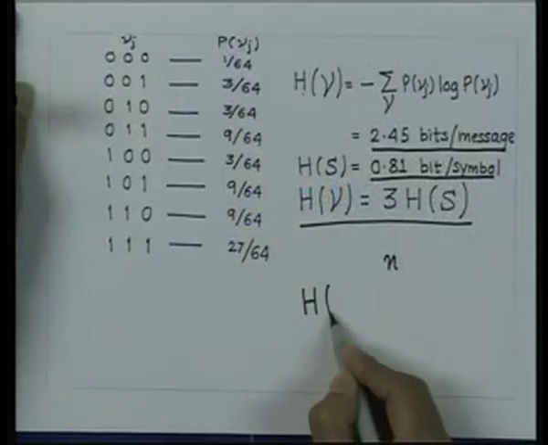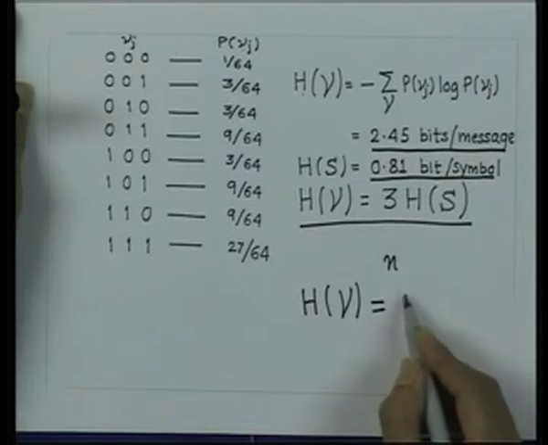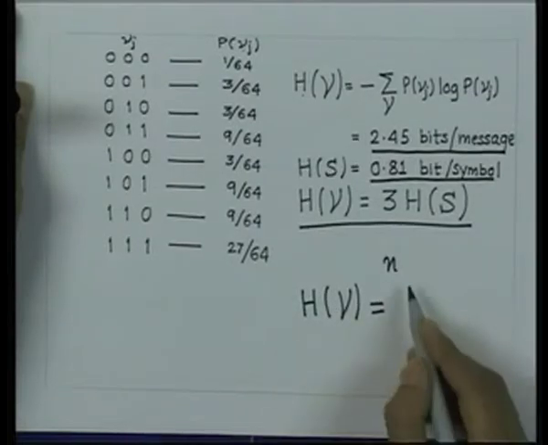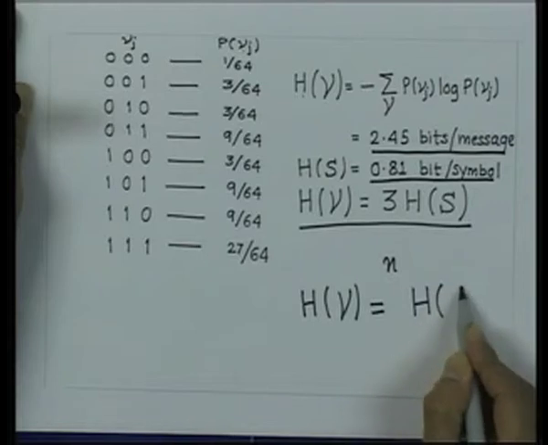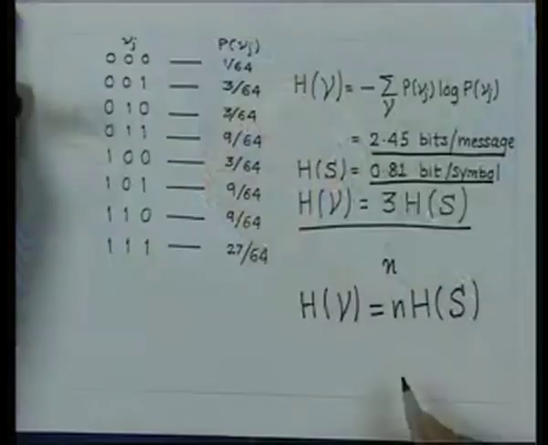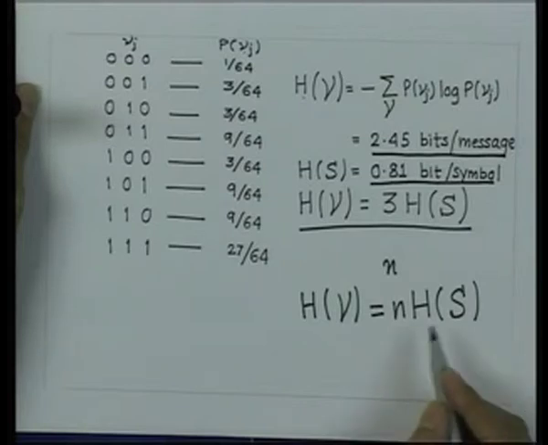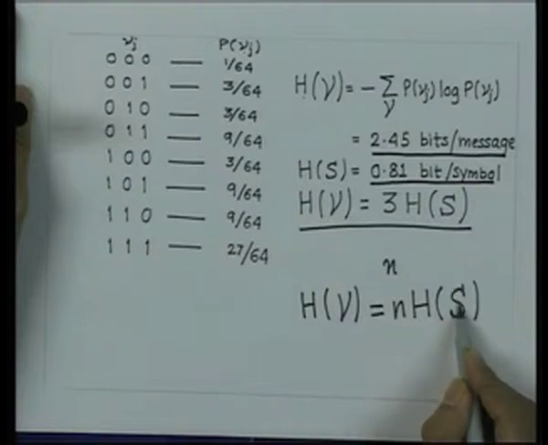Then what is the relationship between the new source V and my old source? It is not very difficult to prove, and we will do that very shortly, that it turns out to be n times H(S). This is valid only when my original source S is a zero memory source.